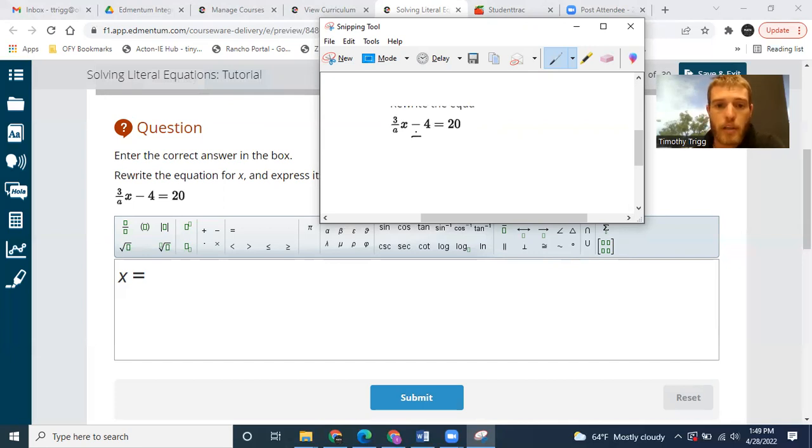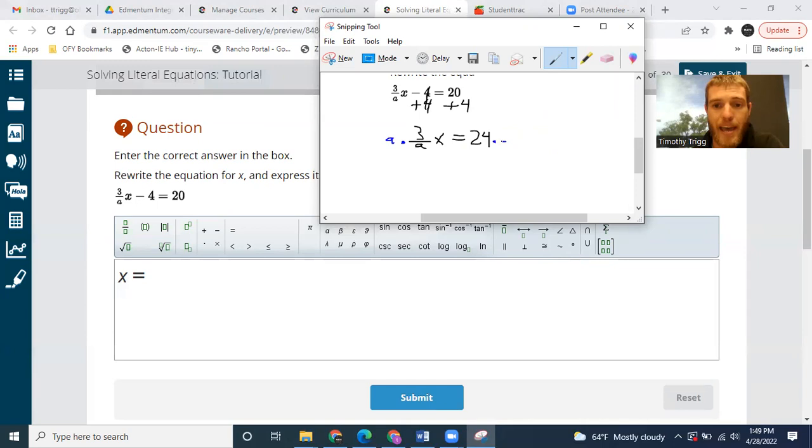Well, hopefully you agree that we can add 4 to both sides to cancel it, okay? Adding 4 to both sides using the addition property of equality. We still have 3 over a times x equals, and this becomes 24. For our next step, you can go ahead and multiply by a to cancel this a here.